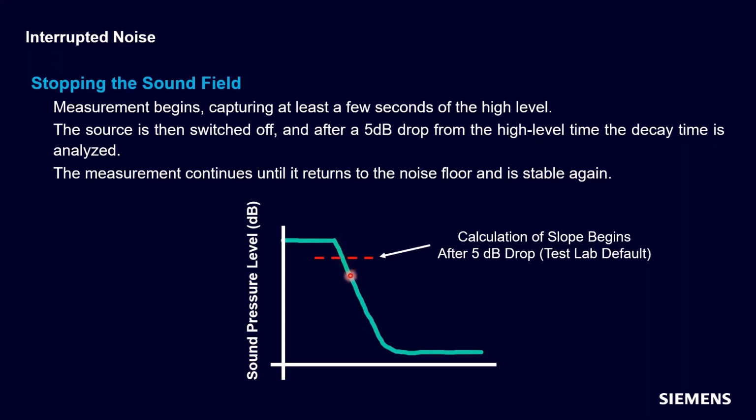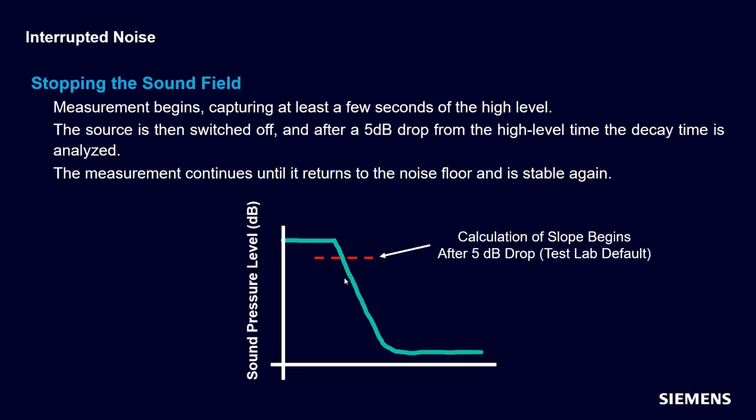We want to make sure that we're only measuring the slope. And so the calculation of the reverberation time will begin after a 5 dB drop. And this is a parameter within Testlab.